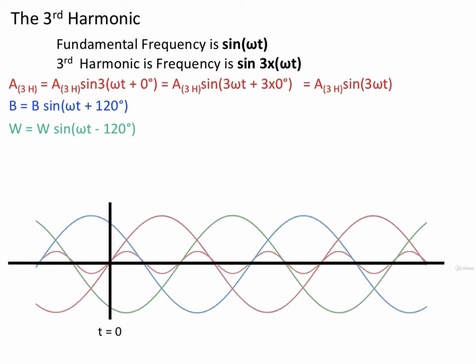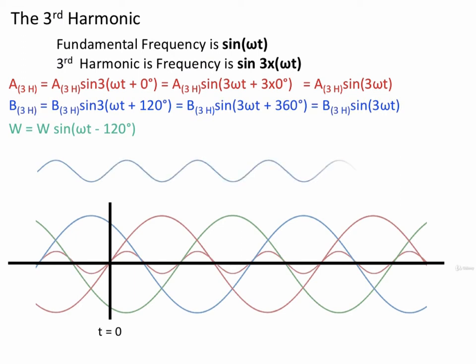And if we take the 3 times inside the brackets, it's going to read A3H sine (3 omega t + 3 times 0 degrees), which is equal to A3H sine 3 omega t.